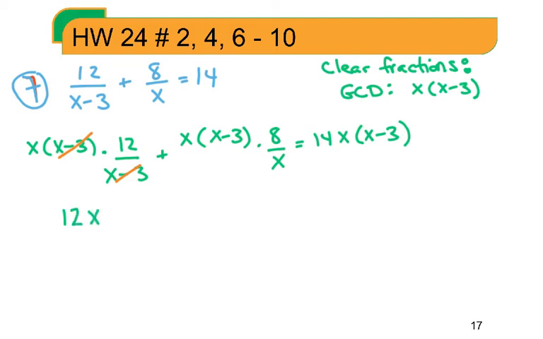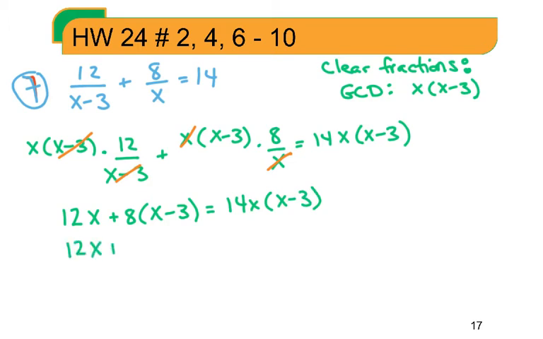When I look at the second term, what cancels? The x. So I'm left with 8 times x minus 3. And over here, I have 14x times x minus 3. Very similar to the previous problem, but let's be careful.